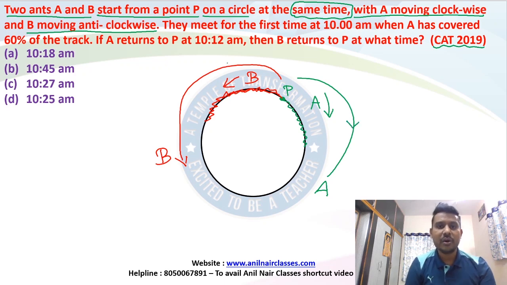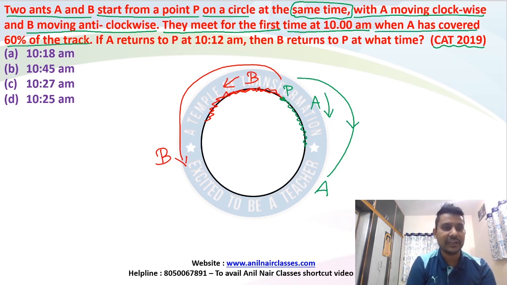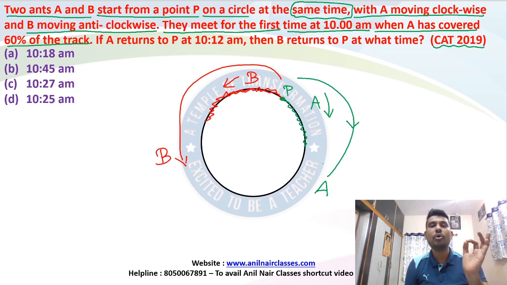Now the question also says they meet for the first time at 10 a.m. when A has covered 60% of the track. Now see here, the total circle constitutes 100%, and they will meet for the first time at 10 a.m. when A has covered 60%.